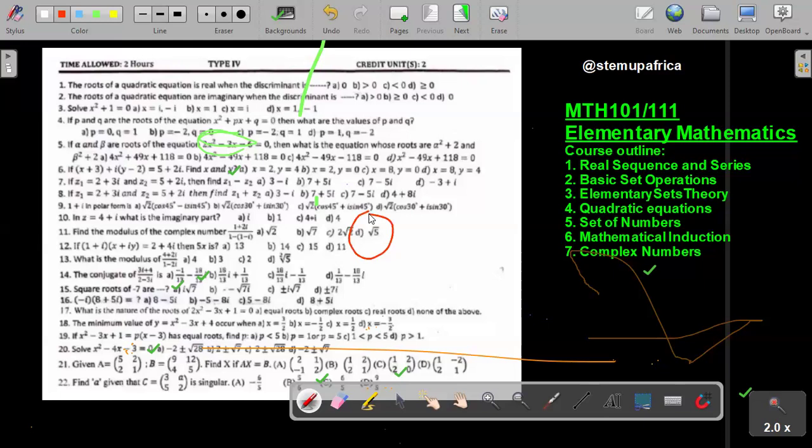So let's look at question 12. It's also a complex number. It says if (1 plus i)(x plus iy) equals 2 plus 4i, then 5x is what? So let's first of all expand the bracket given to us, and arrange the real number and the imaginary number.